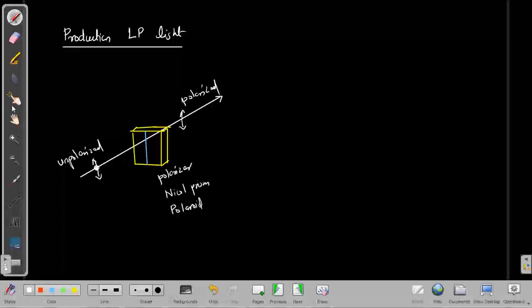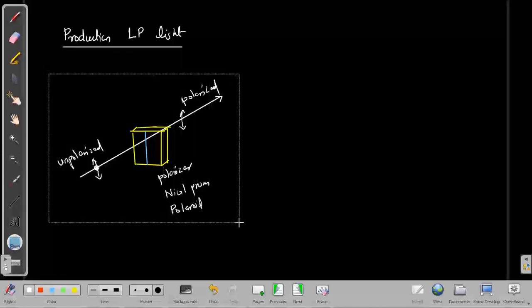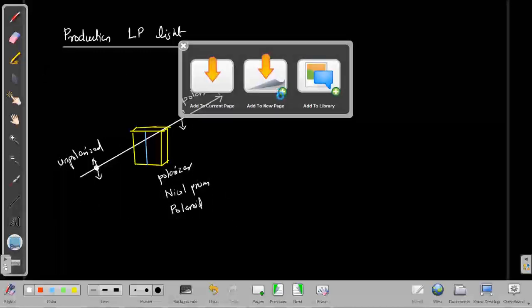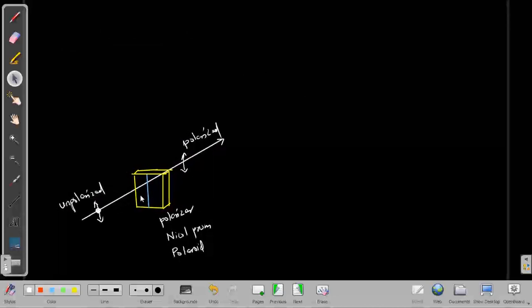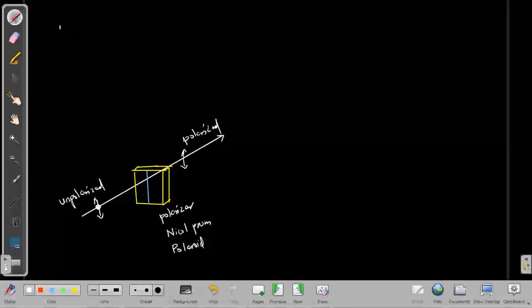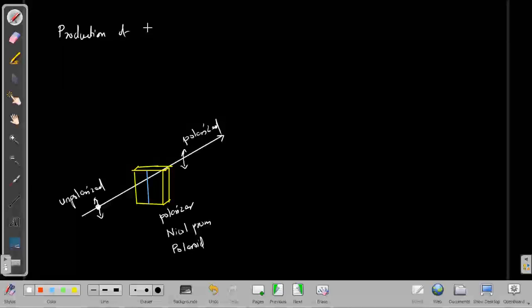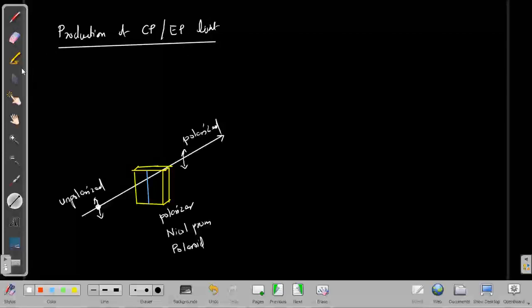So I think better I can use this picture. The production of circularly polarized or elliptically polarized light. At a time we can produce only one, either circularly polarized or elliptically polarized. Now this light is moving.